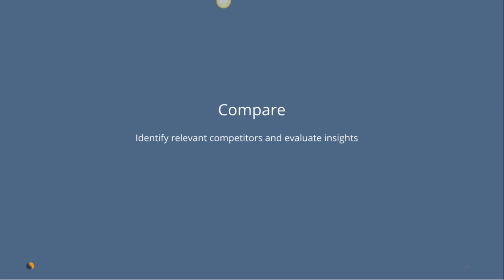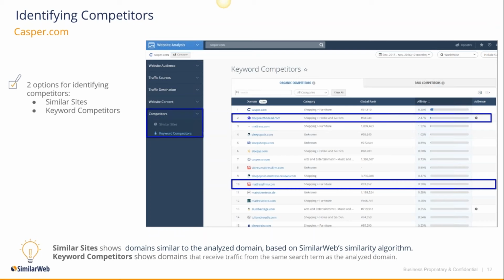Now let's go over to compare. When we're looking to understand initial detail about traffic patterns coming into a website, we also want to look at some of their leading competitors. We want to identify relevant competitors and evaluate the competitors' insights, and then we want to learn what might be suitable for Casper's. So as I always say here internally, there's no reason to reinvent the wheel.